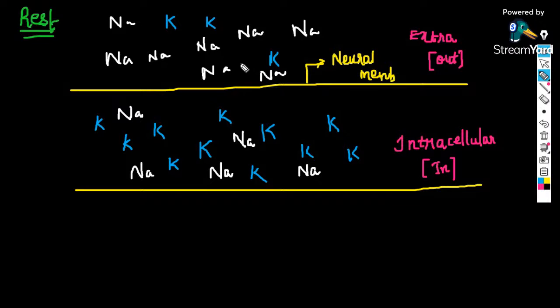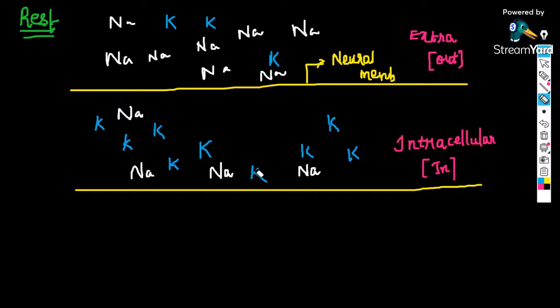So I have told you three different ion channels that work during this process. Number one was the sodium channel, number two was the potassium channel, and number three was the sodium potassium pump. Now we are going to have a look at the sodium potassium pump. Listen over here carefully.